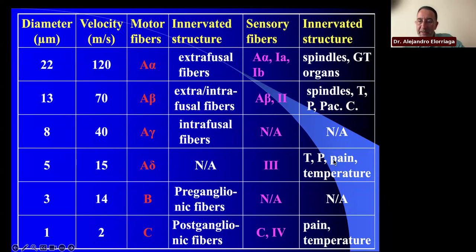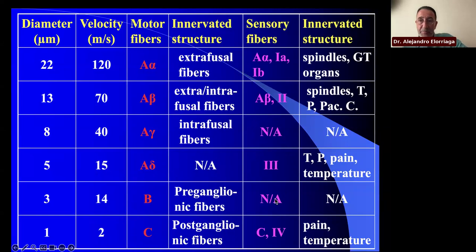Typically, A delta fibers innervate fascia, and it's the pain that we have even when we put a needle in with no great technique, and then it feels very sharp. That sharp signal is being transmitted by an A delta, a small myelinated fiber that has no encapsulated receptors.